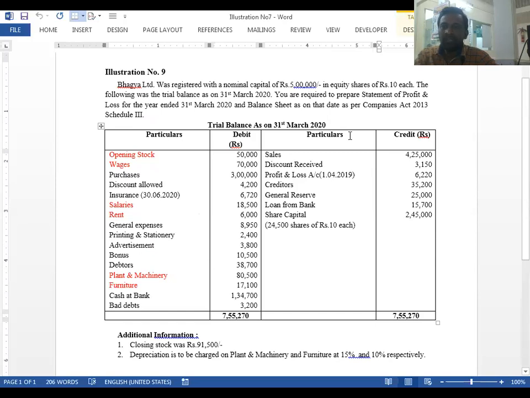So out of 50,000 authorized shares, only 24,500 shares are issued by the company, and the same shares are also paid up. Share capital should be transferred to Note number 1.